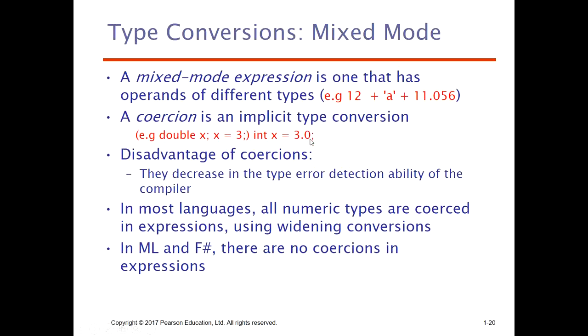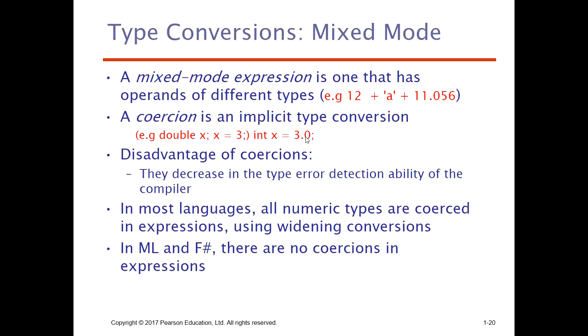That means it changes the floating point value to an integer value, which is just 3. This is called coercion, an implicit type conversion.